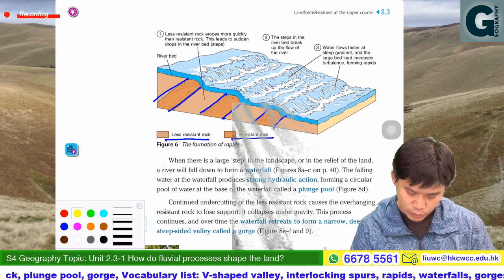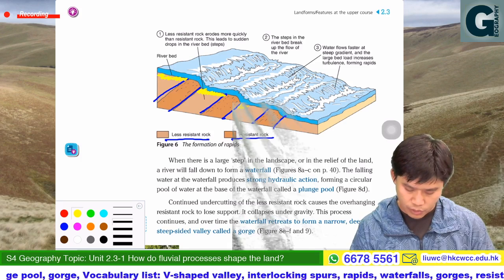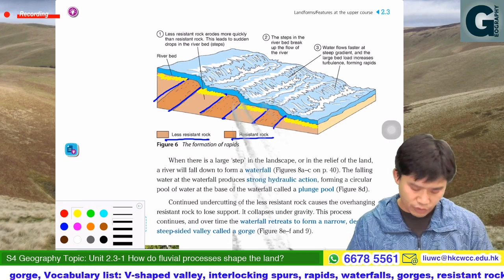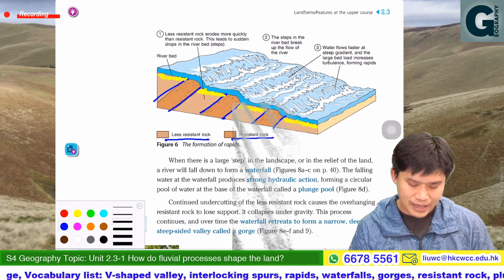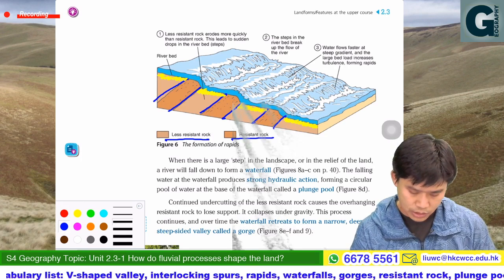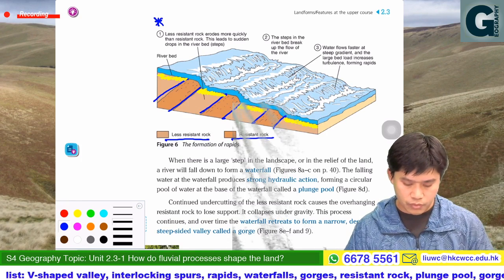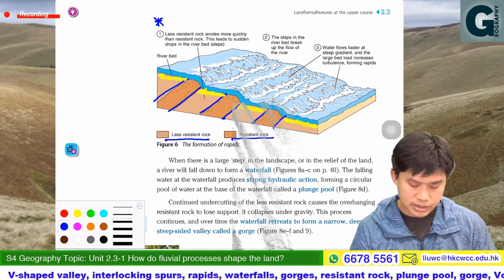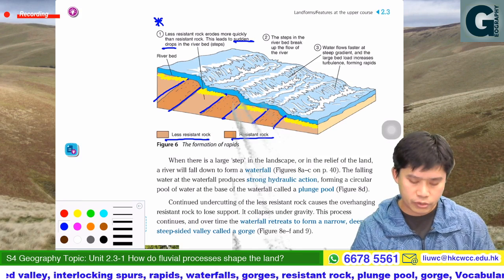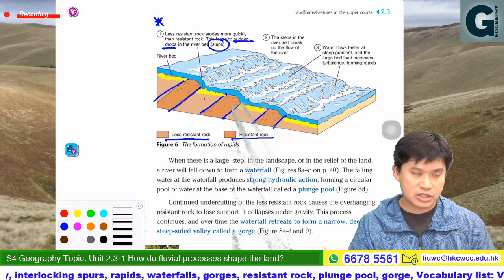If the less resistant rock is eroded easily by the river, by the water, that may lead to a change of the landscape, such as like this. You may have a look at step 1. Less resistant rock erodes more quickly than resistant rock, which leads to sudden drops. You may highlight sudden drops in the new riverbed, and it may create some steps, due to the different resistance of the rock.